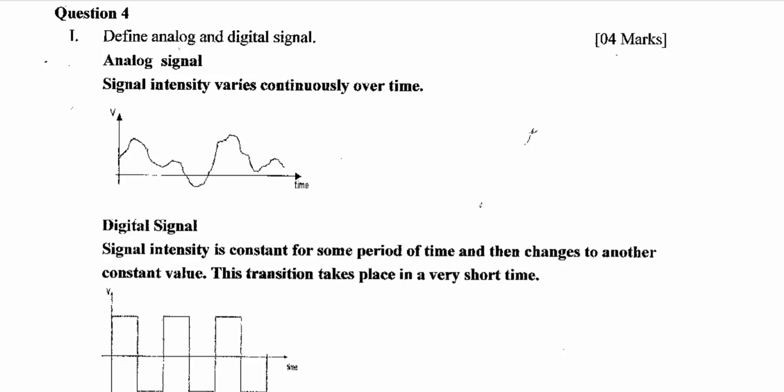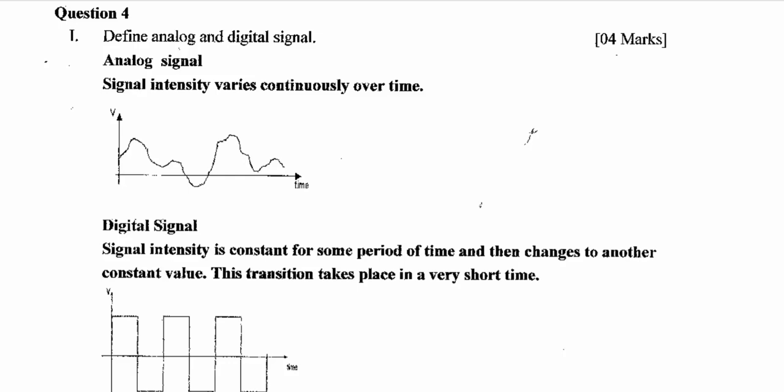Question number 4. Define analog signal and digital signal. Analog signal has different intensities, and if you draw an analog signal, you can see that amplitudes change over time. That means it's continuously varying over time.